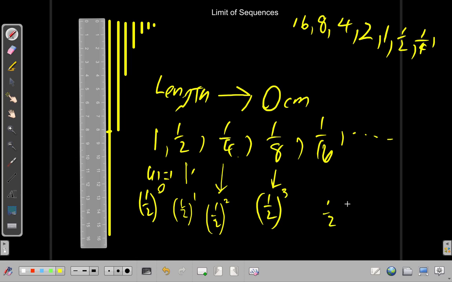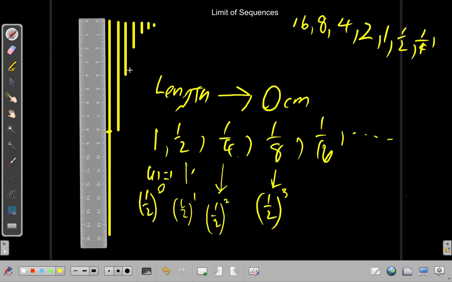A half cubed is really half by half by half. When you multiply them, 1 1 1 up top, and 2 2s are 4, 4 2s are 8 down the bottom. And then for the fourth term, let me erase these things.